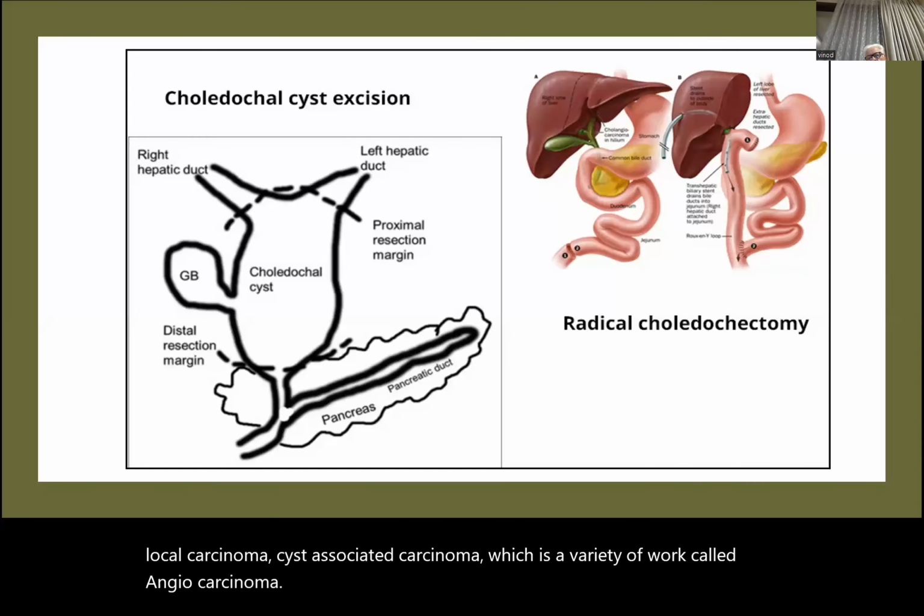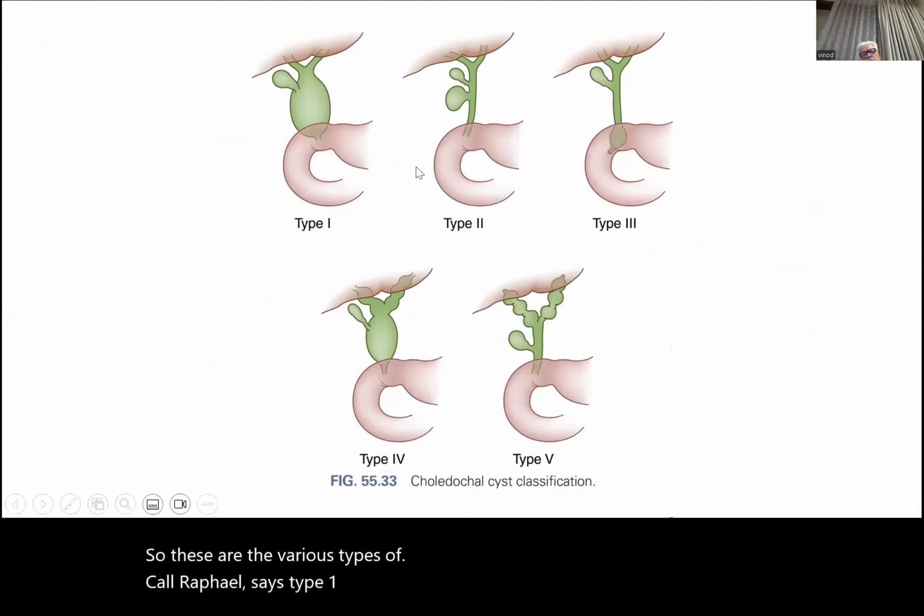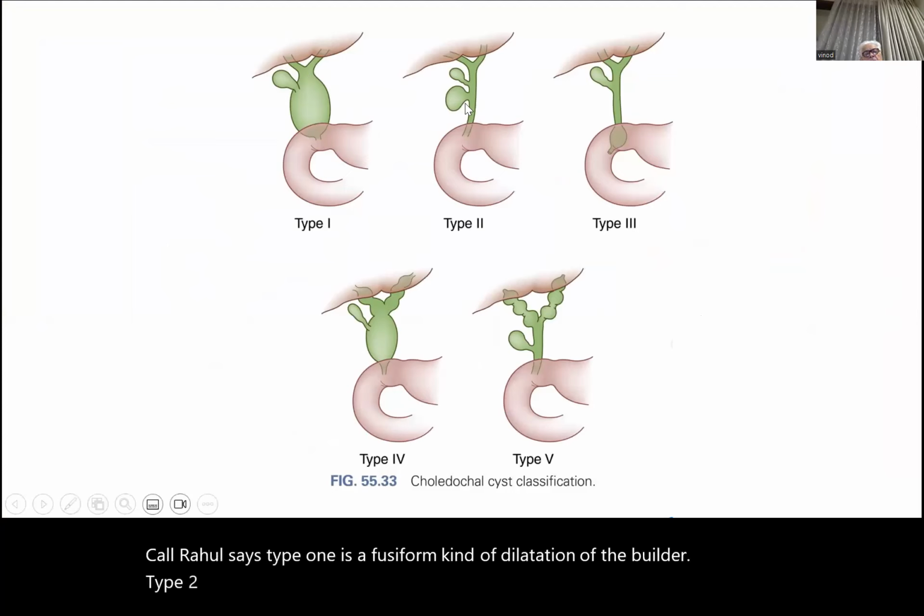Now, so these are the various types of choledochal cyst. Type 1 is a fusiform kind of dilatation of the bile duct. Type 2 is a focal dilatation, as it's shown, a kind of outpouching.